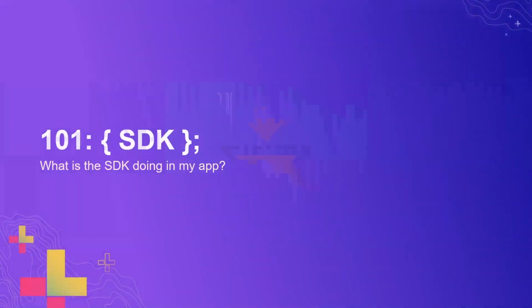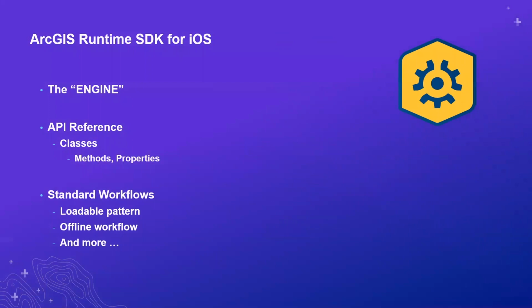Our first module in troubleshooting is the Runtime SDK itself. The question we can ask here is, what is the SDK actually doing in our application? If it is doing something related to mapping, then the SDK itself becomes the main engine to run that part of the code.